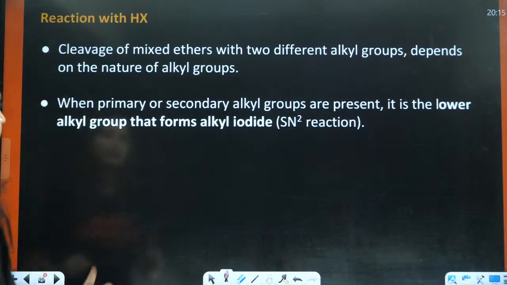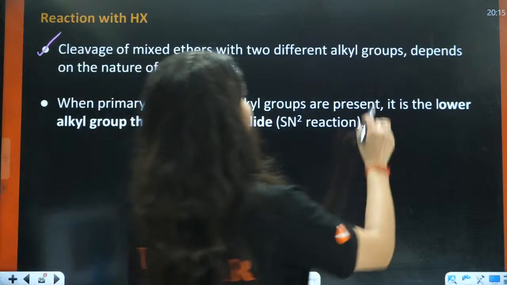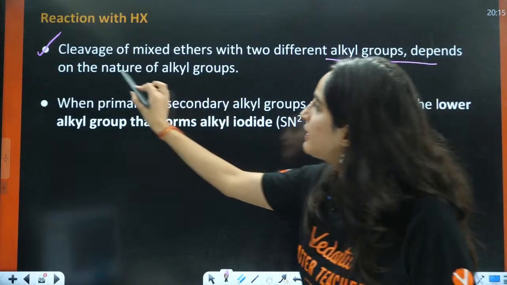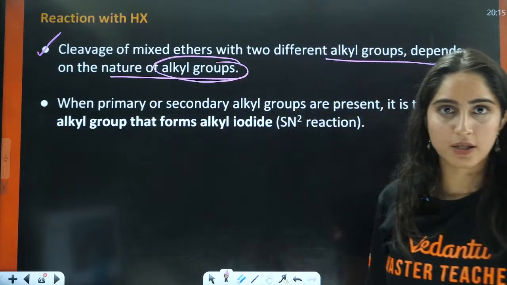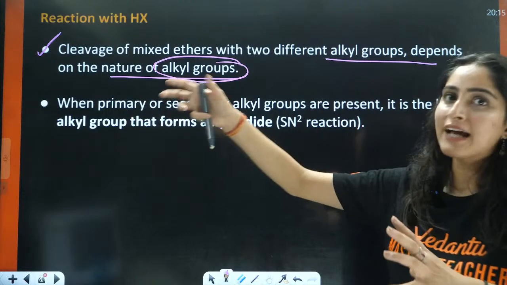Now, an important thing here. Cleavage of a mixed ether with two different alkyl groups depends on the nature of the alkyl groups, which decides which cleavage will be done. We have seen the mechanism with the transition state.